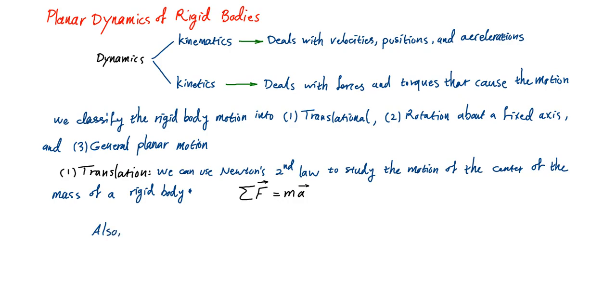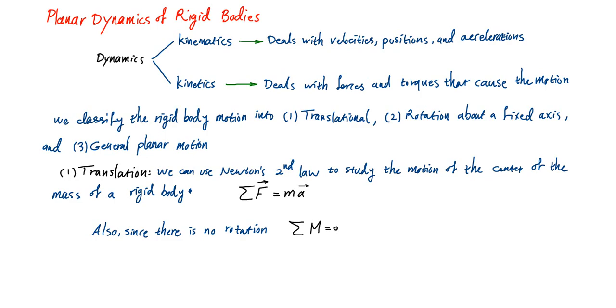Also, since there is no rotation, the summation of all the moments applied to a rigid body at any point, not just the center of gravity or center of mass, because if we have a force that is not balanced with another force, we are going to see some kind of rotation about some point on a rigid body.